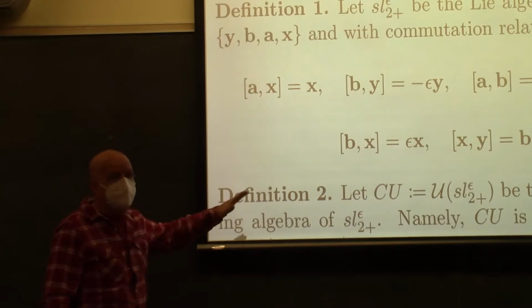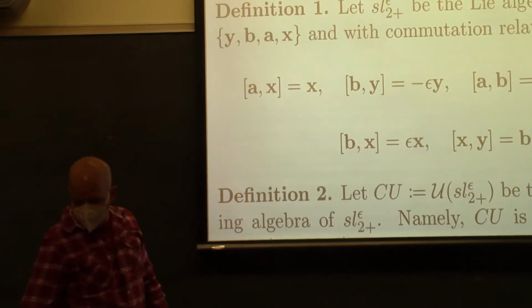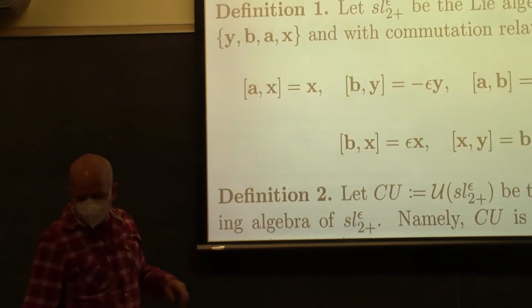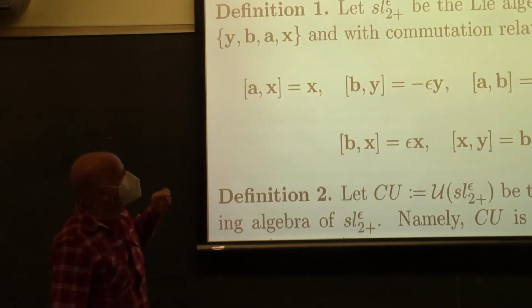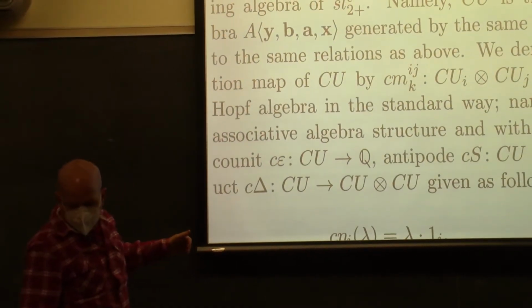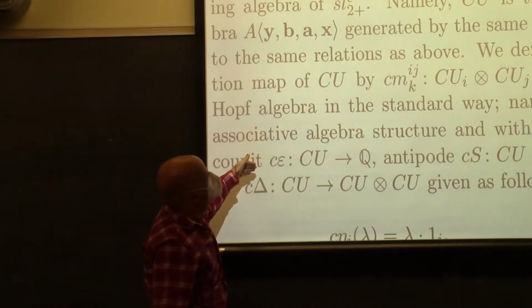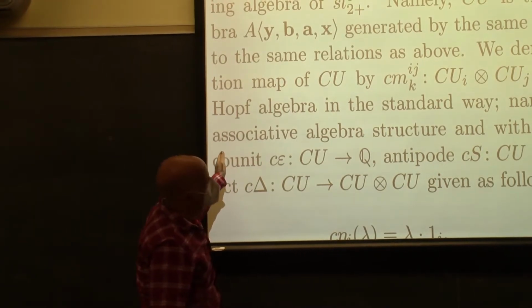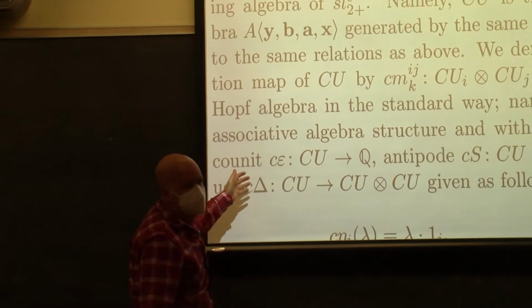I'm just going quickly over what we did last time. Sorry, not Cu. SL2 plus epsilon is a Lie algebra. Cu is the universal enveloping algebra of this algebra with a given structure.